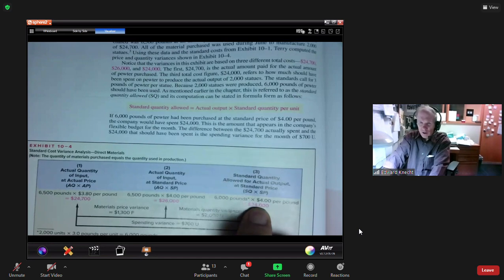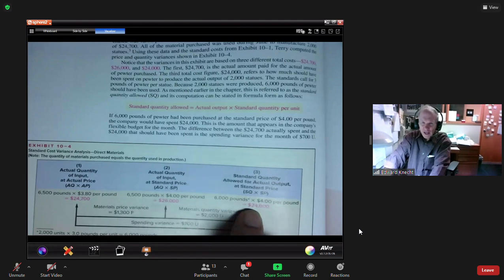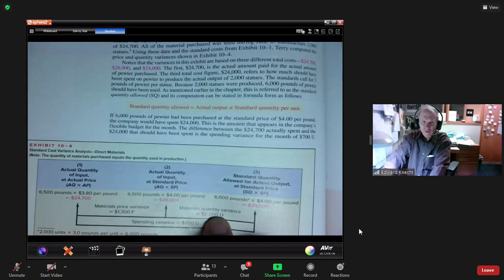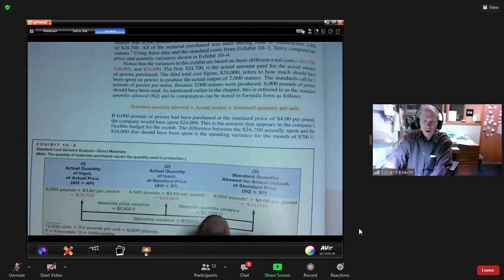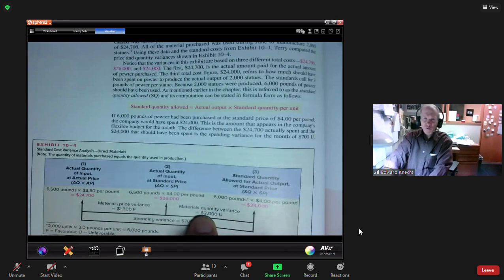Oh, look, this is lower. So if the number's lower than the one on the left, that's going to be unfavorable. So that's a $2,000 unfavorable material quantity variance. Our spending variance, we got a favorable price variance netted against an unfavorable quantity variance. We end up with a $700 spending variance.